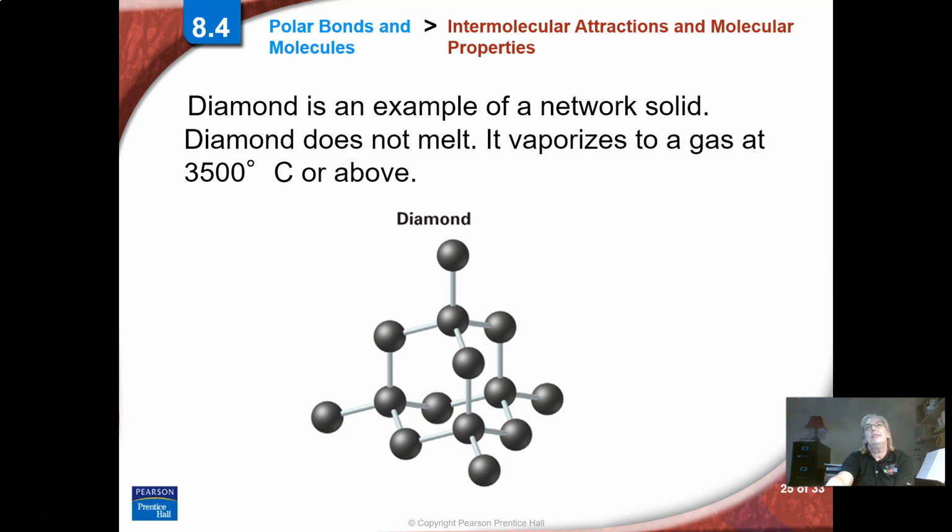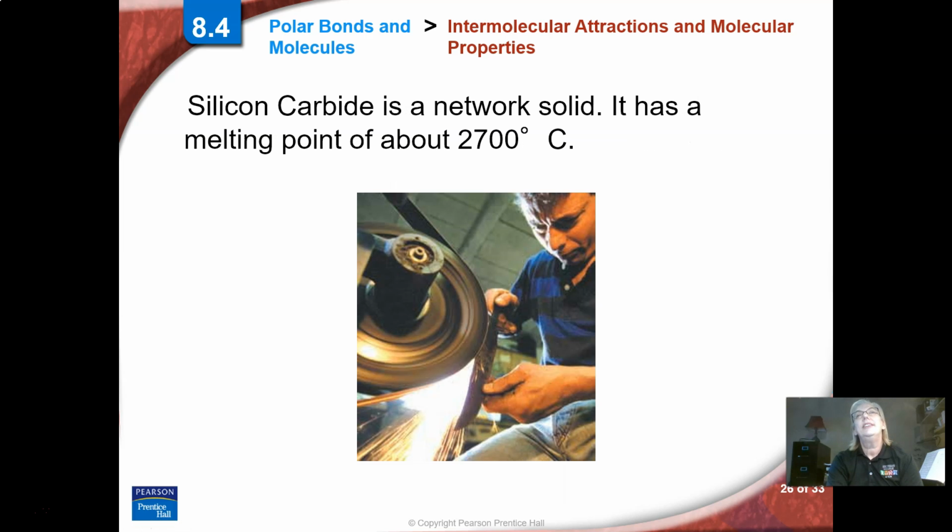Diamond takes a lot of heat to vaporize into a gas. We know it's a solid at room temperature because it has this beautiful structure of carbon bonding in a network like this. Anything with a network solid is very strong. Silicon carbide is another example. It's a network solid, so we use that on grinding wheels and things like that.